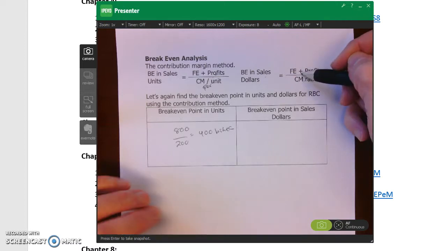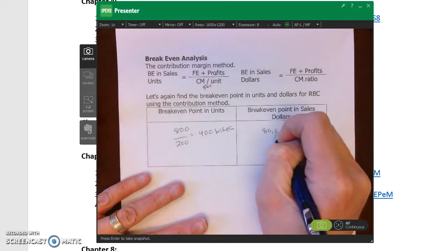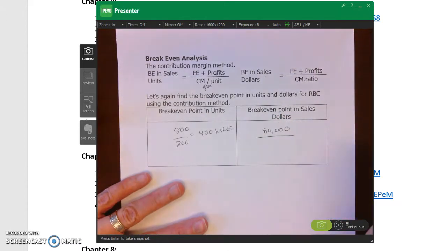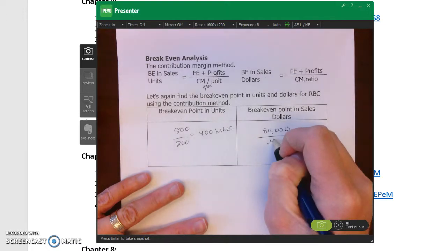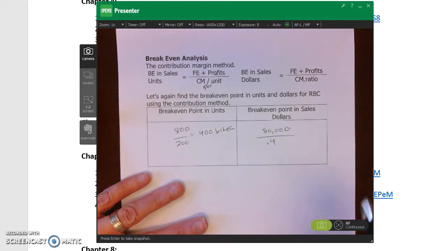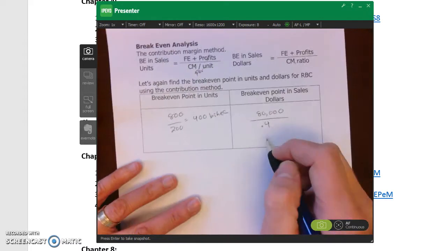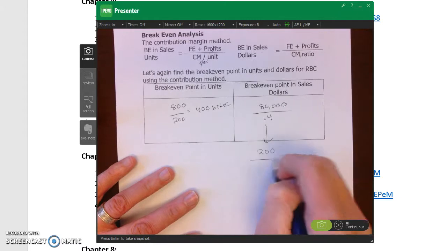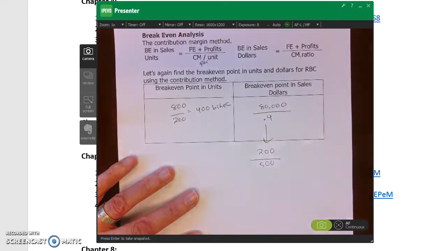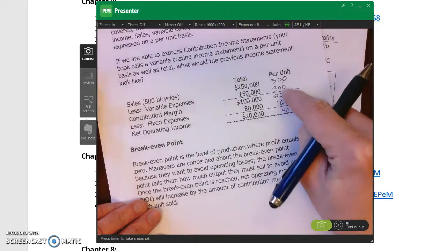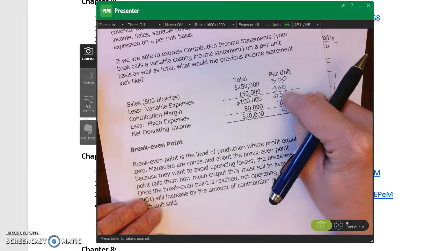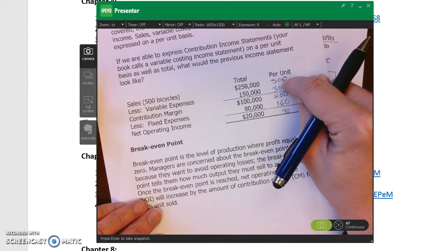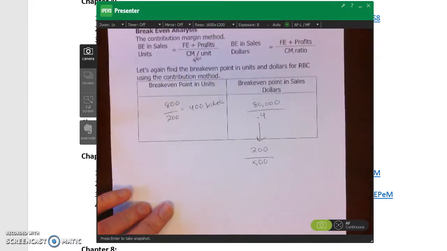Or you can use a formula. So in this case, we take our 80,000 and divide that by our CM ratio, which we calculated to be 0.4. And the way we got that 0.4, remember the CM ratio is contribution margin divided by sales. So in this case, the contribution margin per unit of 200 divided by the sales price of 500 gives us our 0.4.